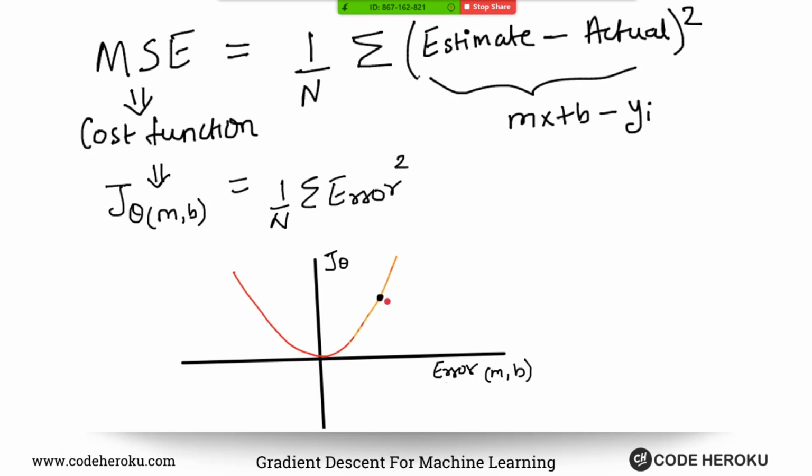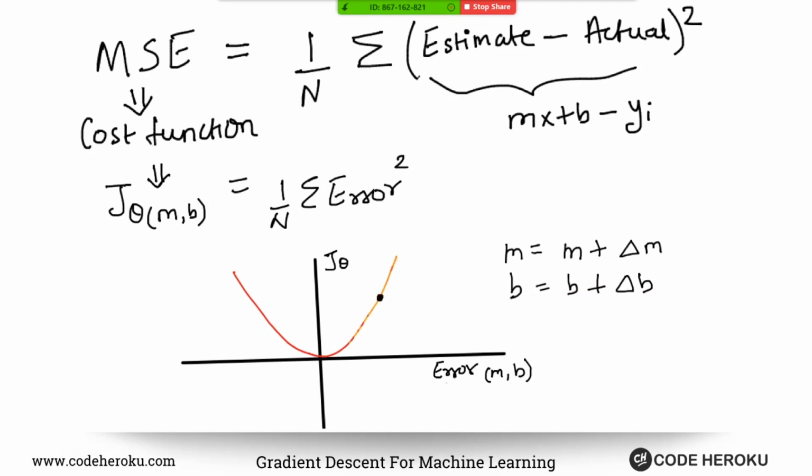Now our objective is to find this delta m such that this error reduces. We know what this graph looks like, and we know that we are at this point on this graph. There is some error, and we are at this point.